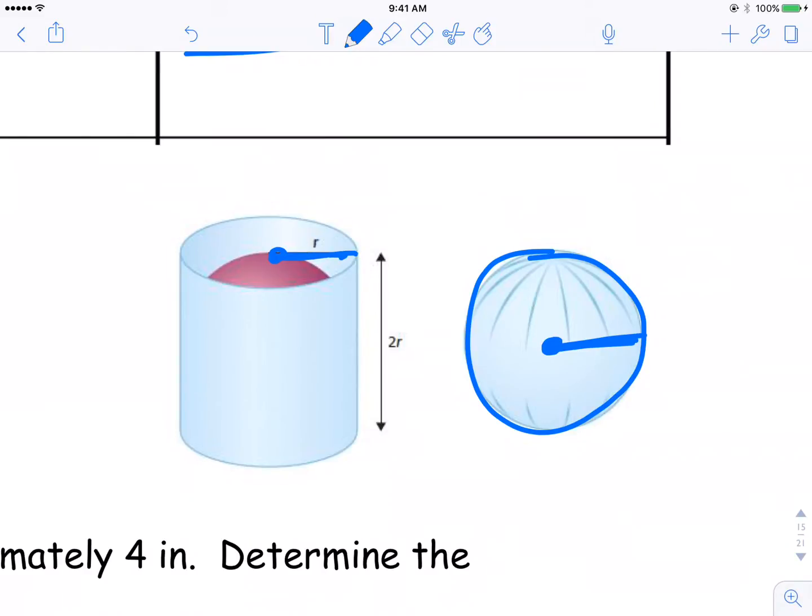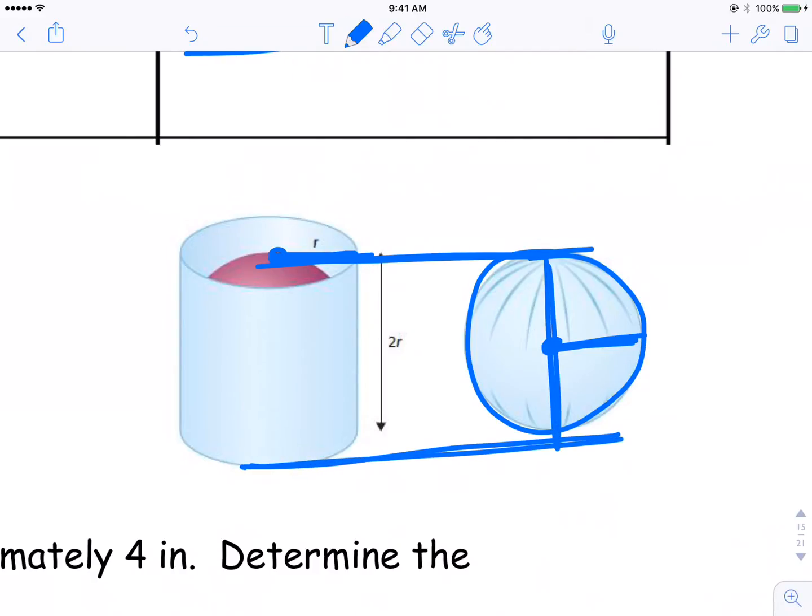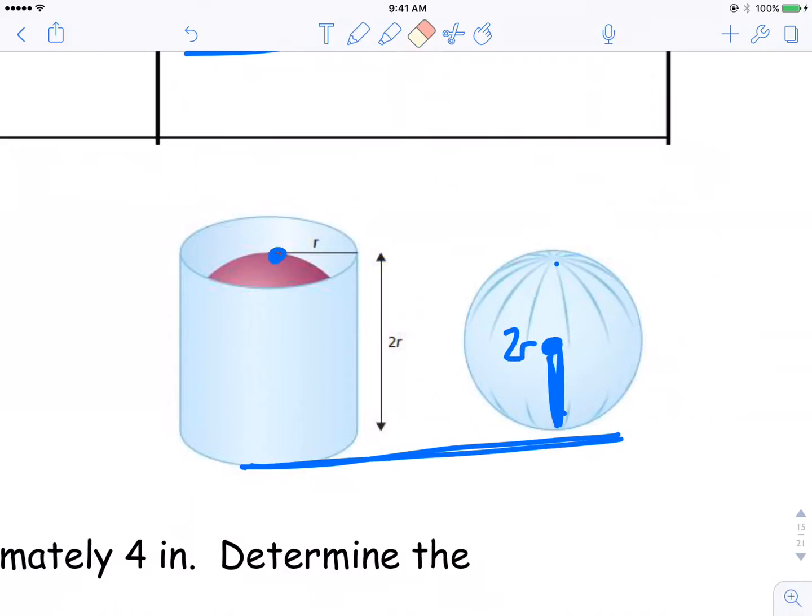And if this sphere fits perfectly into this cylinder, then the height of this cylinder would be 2 times the radius, because from here to here is a radius and from here to here is a radius. So that's all this image is trying to depict for you.